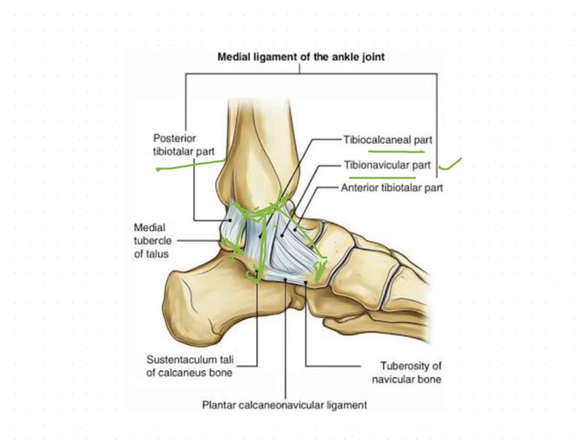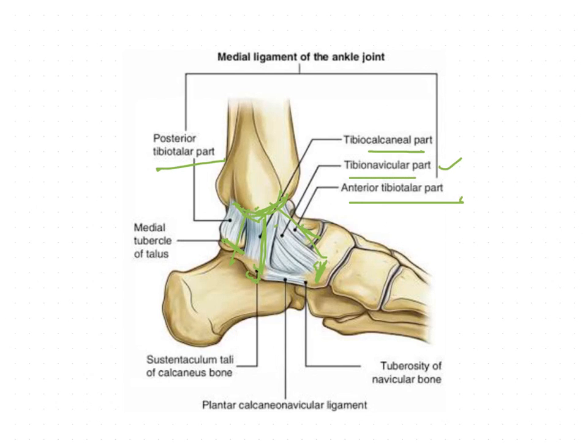If you see the deep part, that is the anterior tibio-talar ligament, which is attached to the anterior part of the medial surface of the talus. This deltoid ligament is crossed by the tendons of tibialis posterior and flexor digitorum longus.